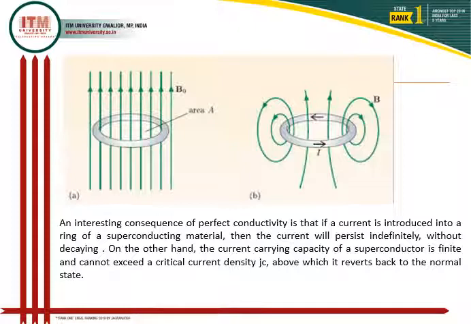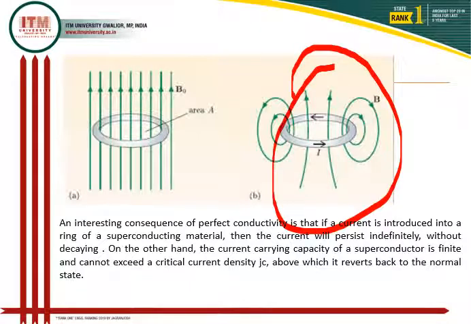Now the current that is trapped here, you are observing this, is trapped here. There is no reason for loss after this. And that is why this will persist indefinitely without decaying.